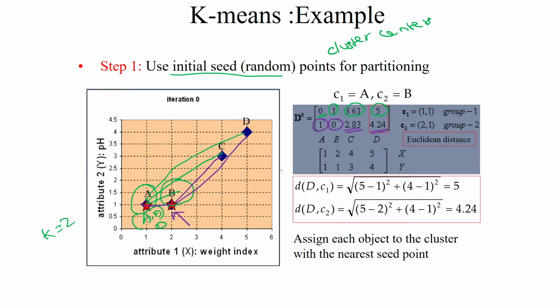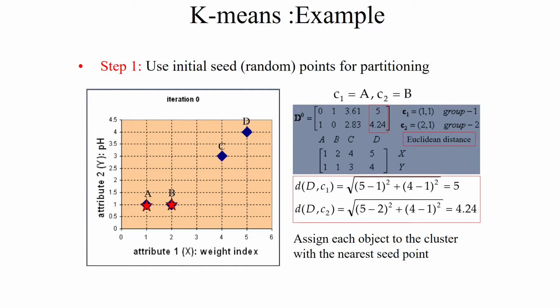Now we have to assign the data points to whichever center is close. This first row is the distance calculated with respect to center A, and this second row is the distance with respect to center B. From 0 and 1, 0 is the lowest value, so A is assigned to cluster 1.